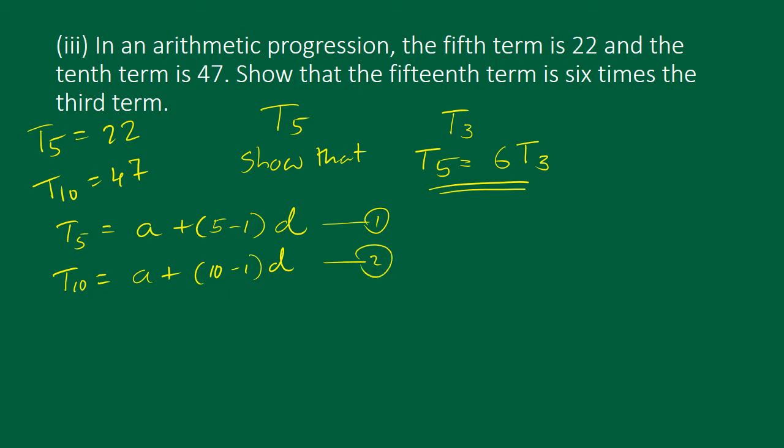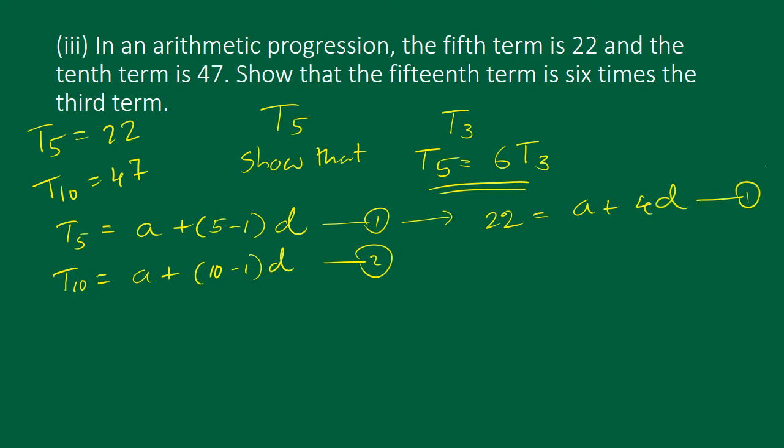This is the second one. So you can find out the common difference and the first term using this one. So here you get T5 is 22, equal to a plus 4d.